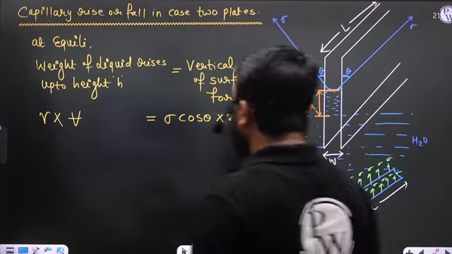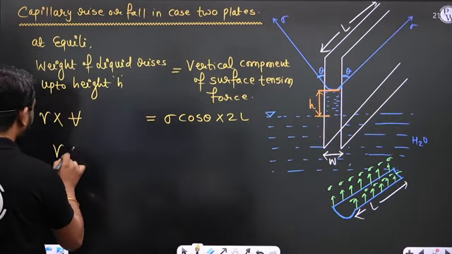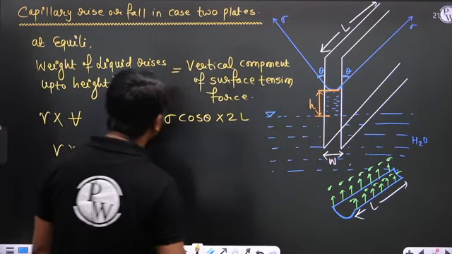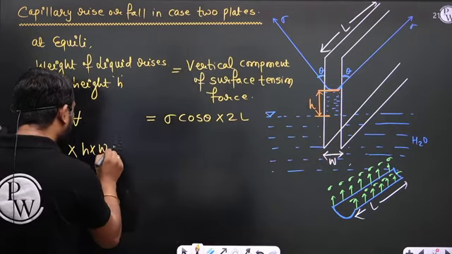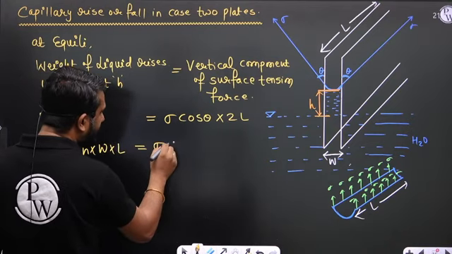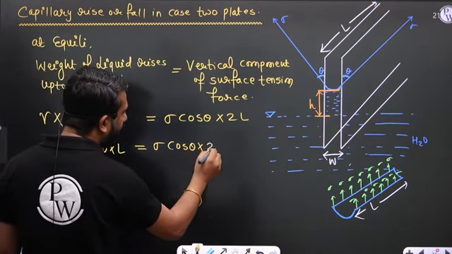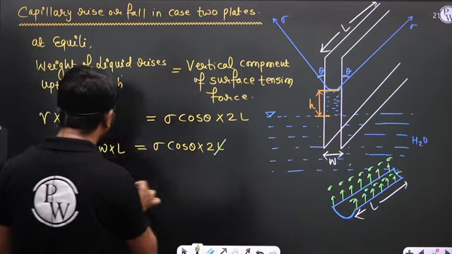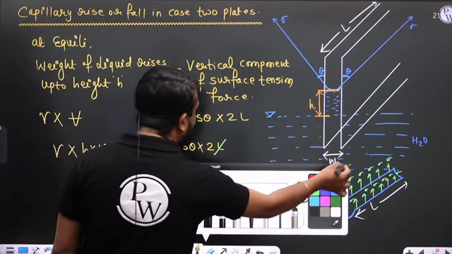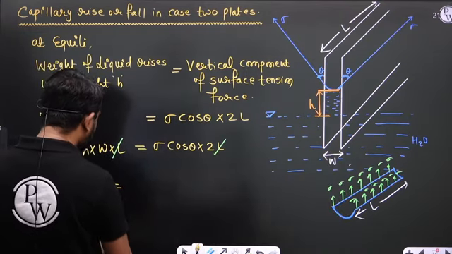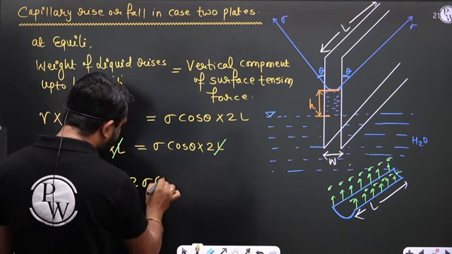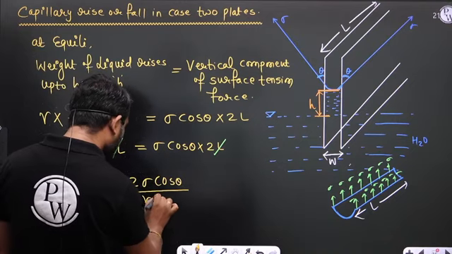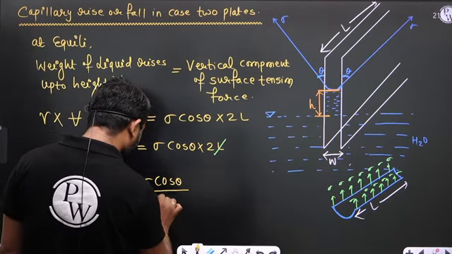Now, gamma multiplied by volume. So tell me what is the volume? H multiplied by W multiplied by L is equal to sigma cos theta multiplied by 2L. Now L cancels out, and ultimately what you get is H equal to 2 sigma cos theta divided by gamma into W. What is the W?